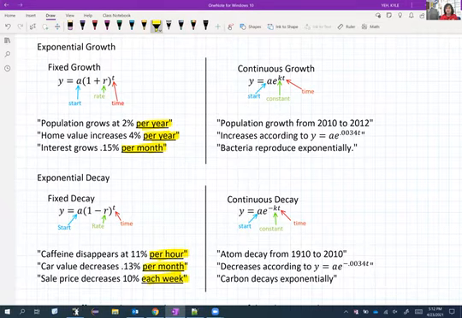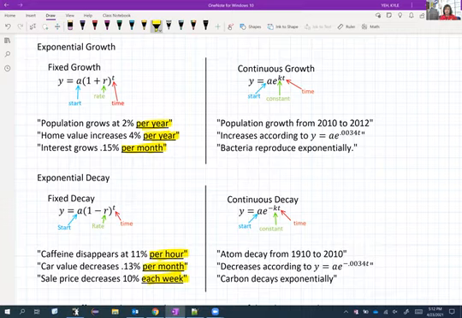In this case, fixed decay has the exact same equation as fixed growth, except 1 minus r in those parentheses instead of 1 plus r. Continuous decay is the same exact equation as continuous growth, except there's a negative in front of the k value: y equals A e to the negative kt power.